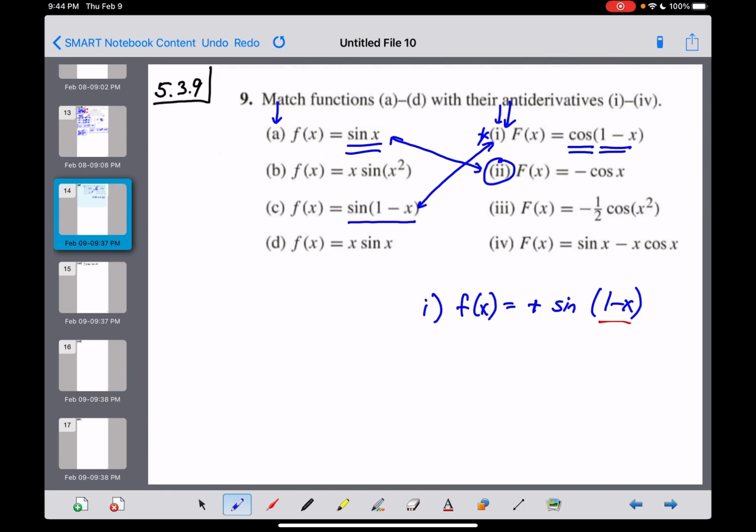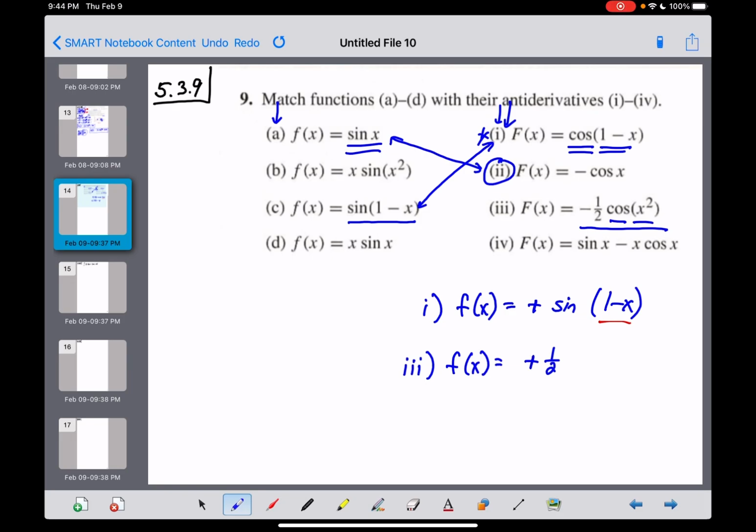What else? We took care of 2 already, so let me jump down to number 3, where F of x is equal to a negative 1/2 cosine of some particular angle, x squared. So the derivative of 3 then, so again, the derivative of big F of x would be little f of x. It would start with a negative 1/2. The derivative of cosine of any angle is the opposite of sine of the same angle.